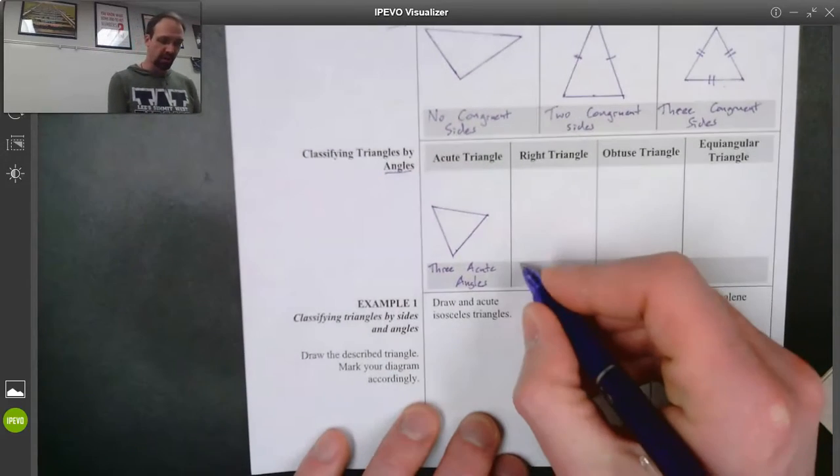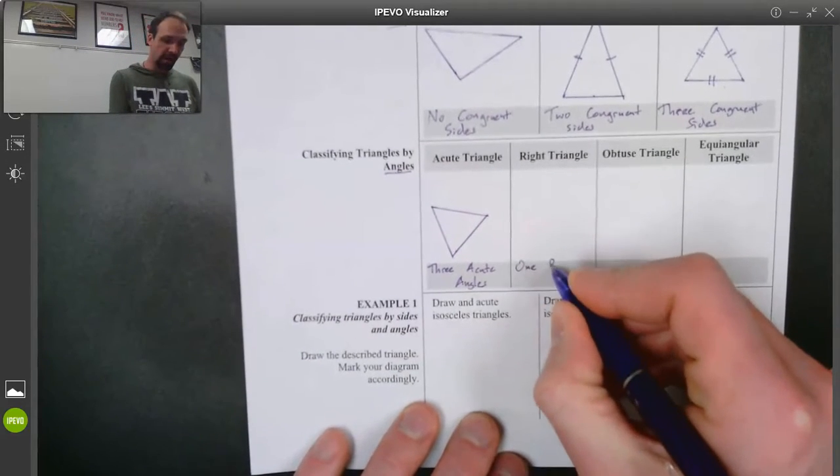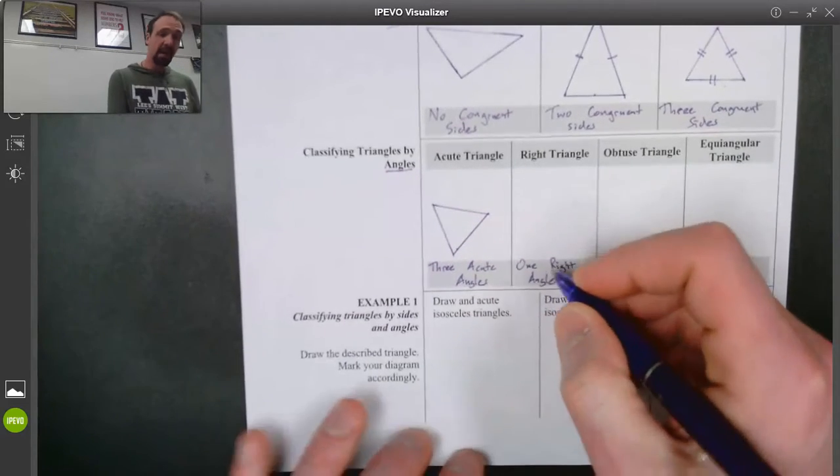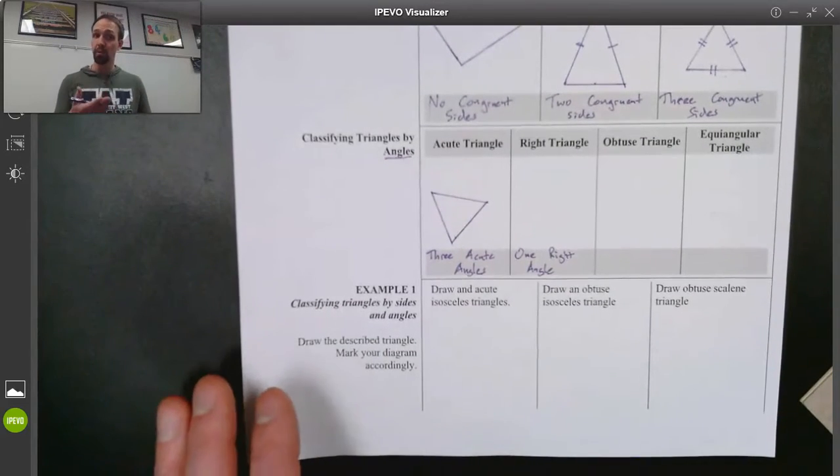With a right triangle, you will have one right angle. The other two angles then will be acute.